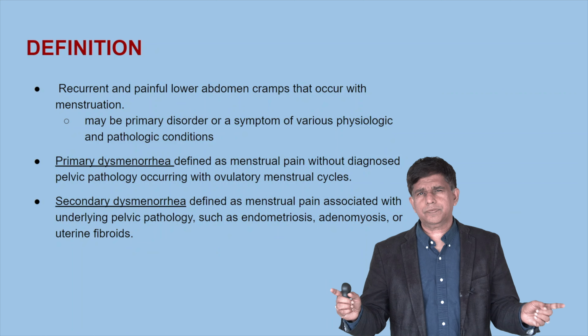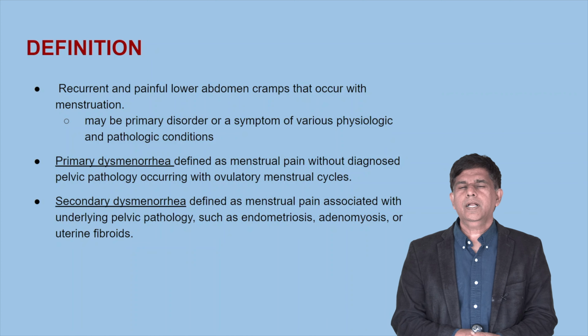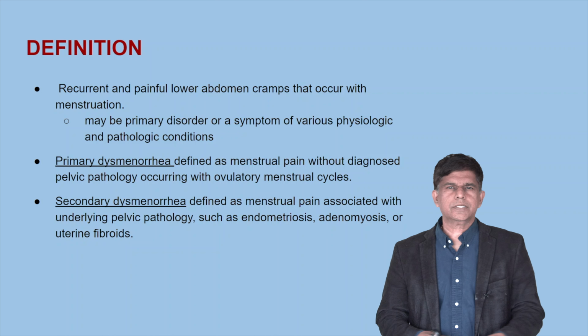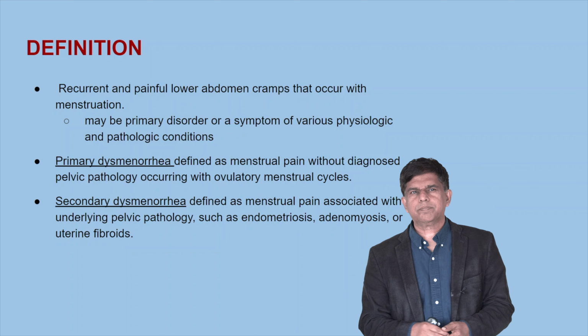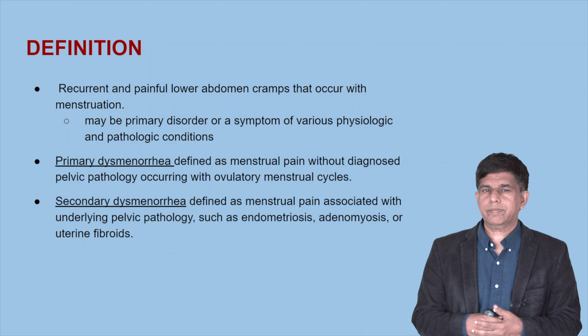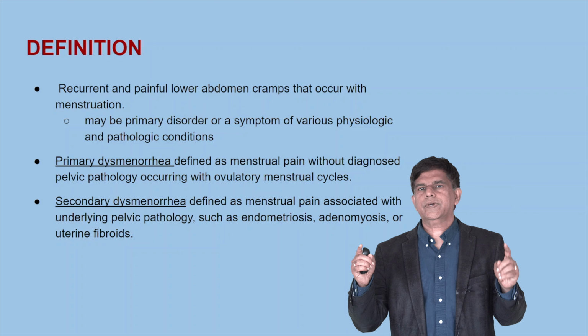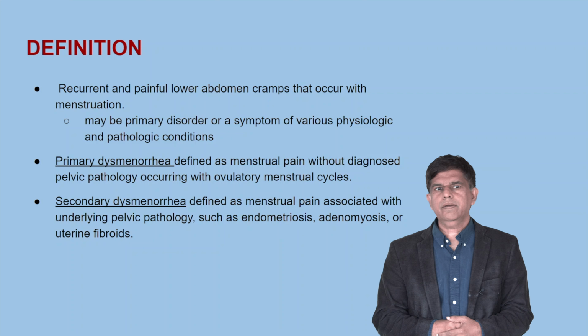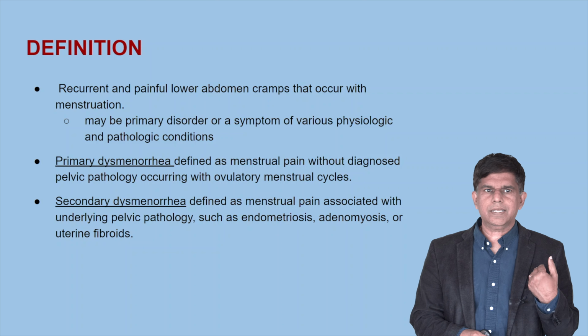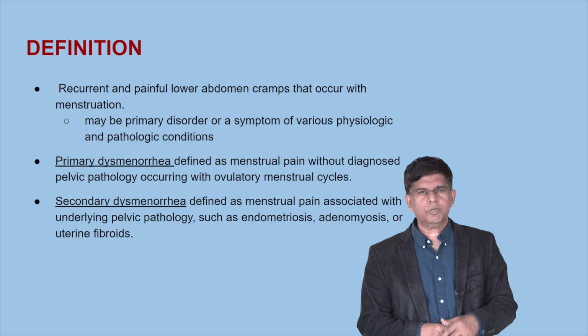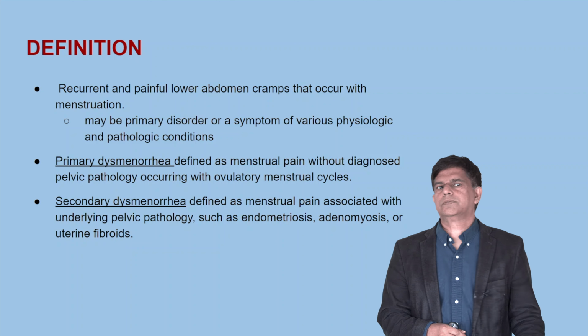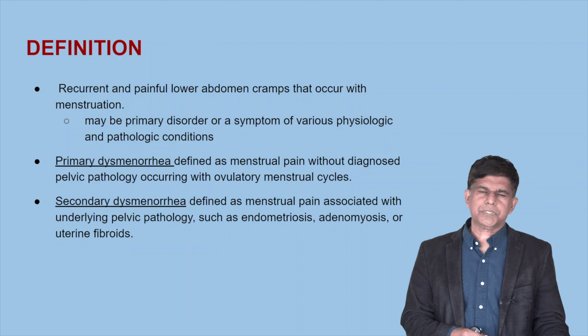So what's the definition of primary dysmenorrhea? Dysmenorrhea is painful, recurrent lower abdominal cramps that occur with menstruation, okay? There are two types, primary and secondary. With primary, there's no pelvic pathology associated with it, that's it.